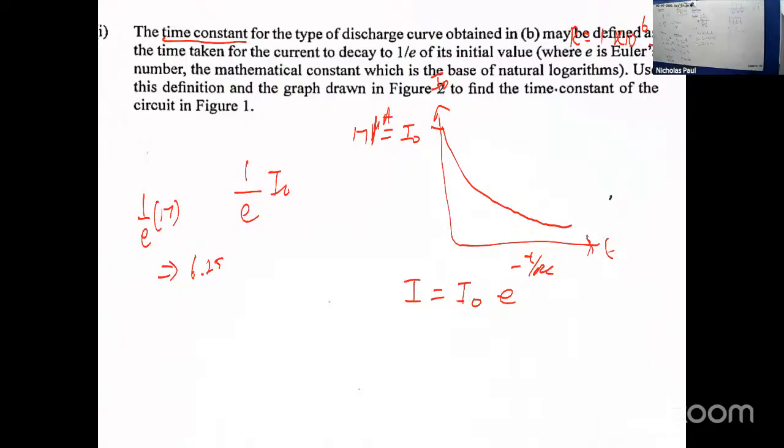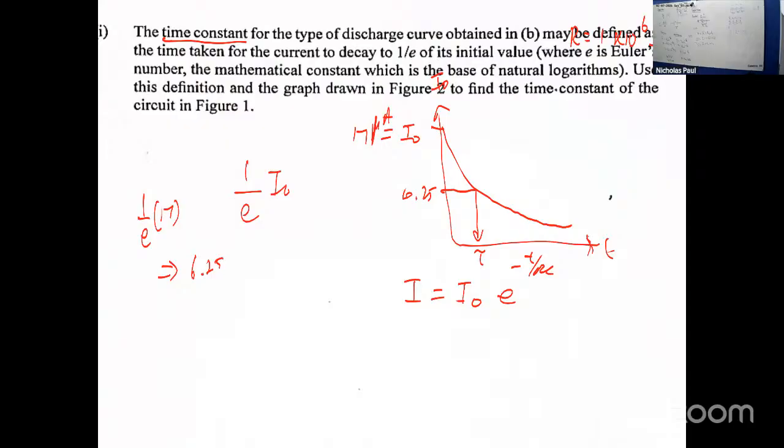Now, what are you going to do with that 6.25? Come across and read off time, then read up. That represents your time constant.